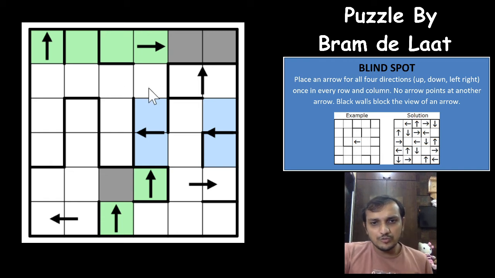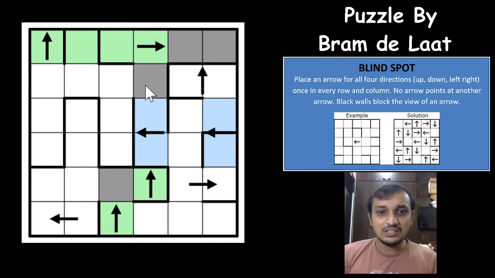Oh wow, if you see this cell cannot be anything. That's an excellent piece of logic here. You cannot have the right arrow, you cannot have the left arrow because there is left arrow in one of these two cells. You cannot have the upper arrow, and you cannot have the lower arrow because one of the left arrows will have to be in one of these two cells. So this cell cannot be anything, and that gives you an excellent piece of logic here.